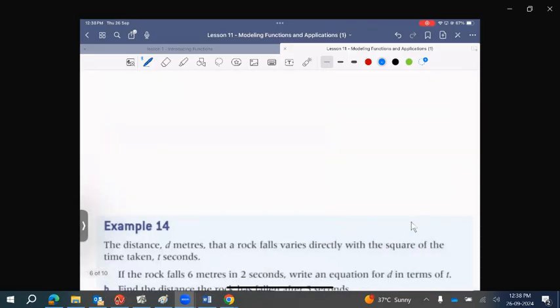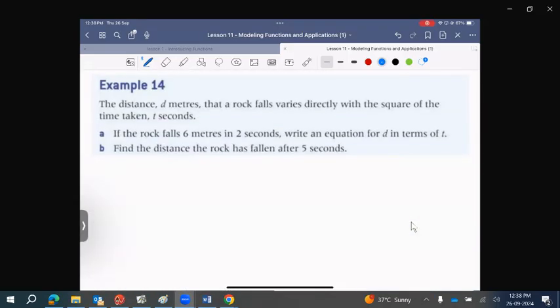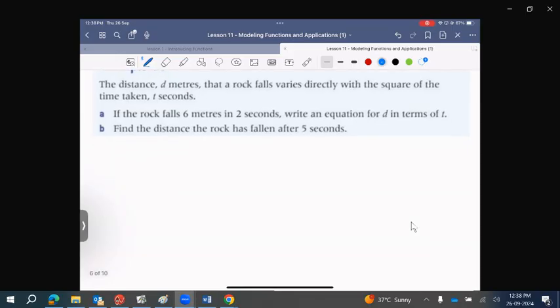All right, let's have a look at an example. The distance d that a rock falls varies directly with the square of the time taken. So this is direct variation. If it varies directly, for part A we've got two things: d, which is our distance, is going to vary directly with the square of the time taken.